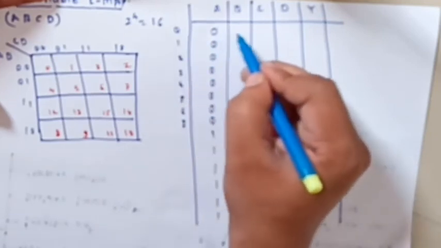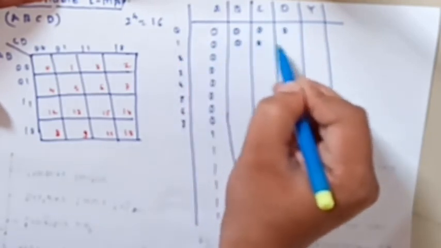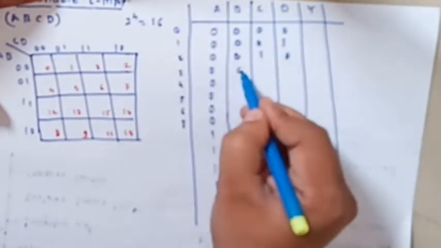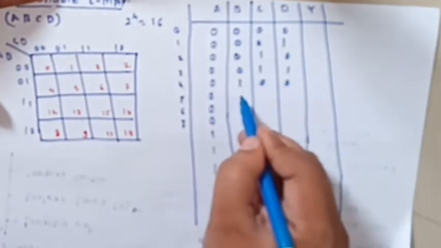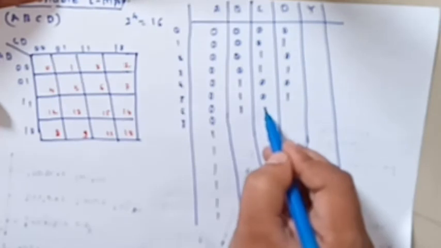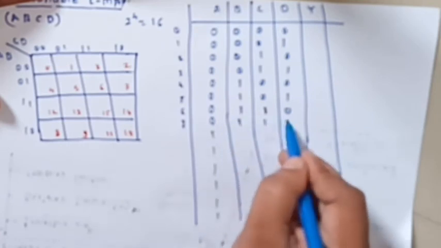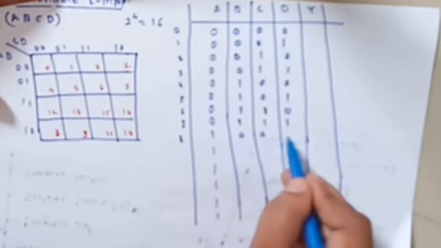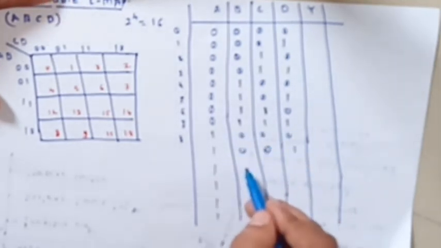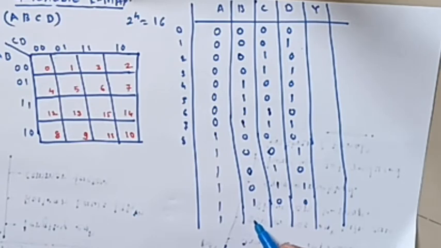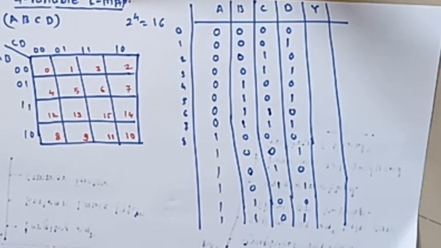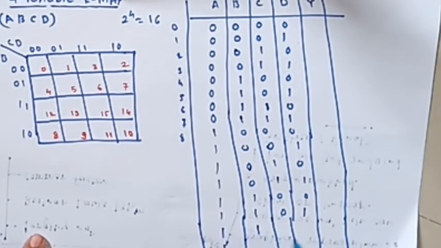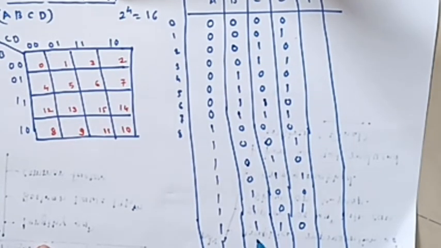So for 0, the binary value is 0, 0, 0, 0. For 1, 0, 0, 0, 1. For 2, 0, 0, 1, 0, and so on, with 3 as 0, 0, 1, 1 and 4 as 0, 1, 0, 0, up to 0, 1, 1, 1. Then 8 is 1, 0, 0, 0, and so on up to 1, 1, 1, 0 and then 1, 1, 1, 1.